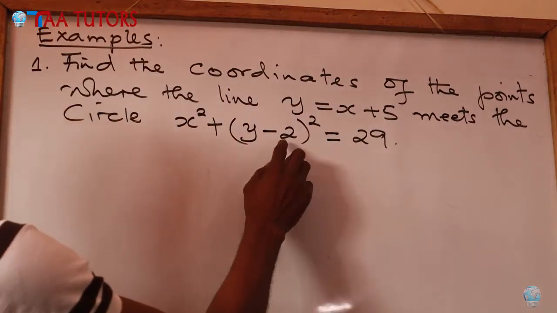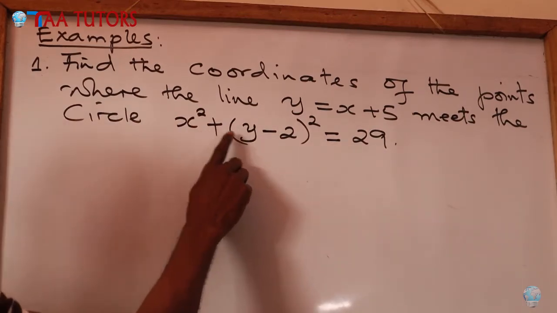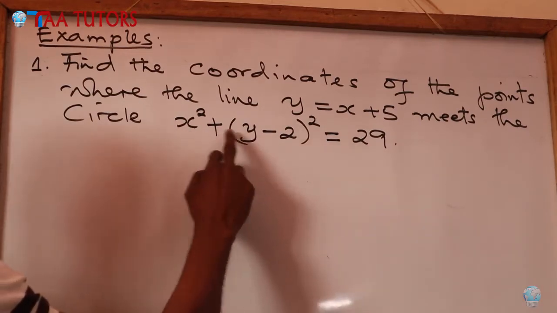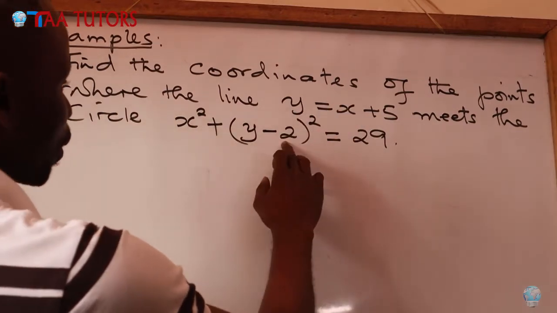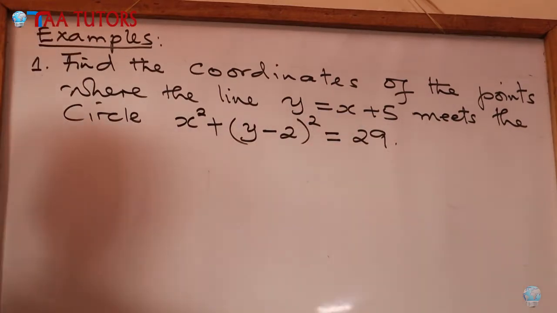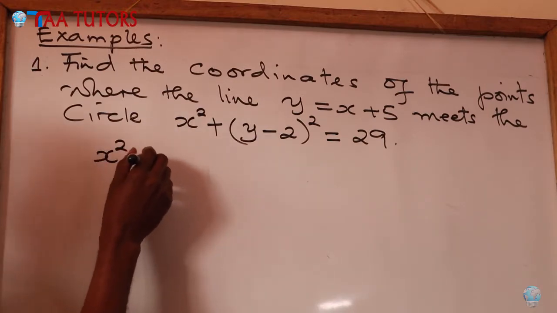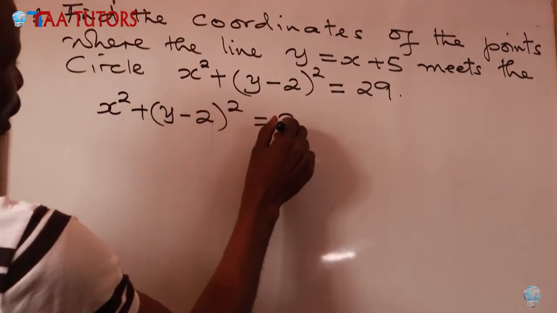Since there is no other term with x here, the x coordinate of the center is 0, while the y coordinate of the center is 2. But we are not going to deal with that particular point here.